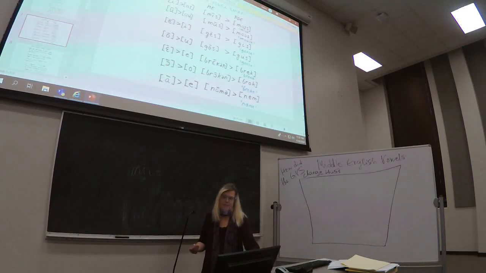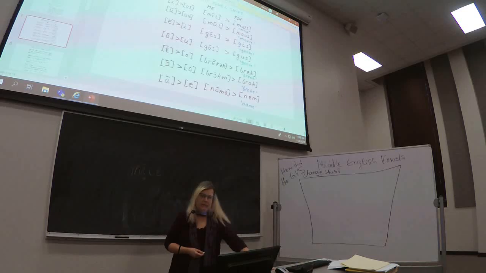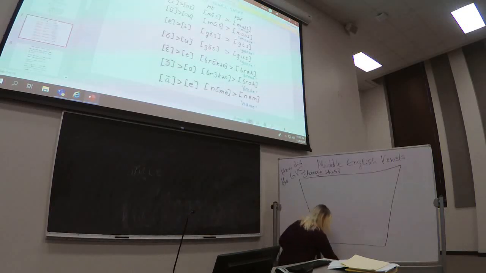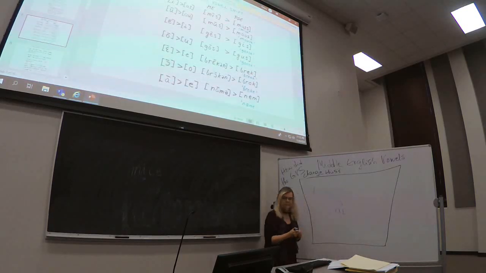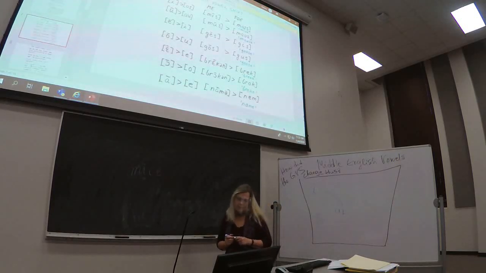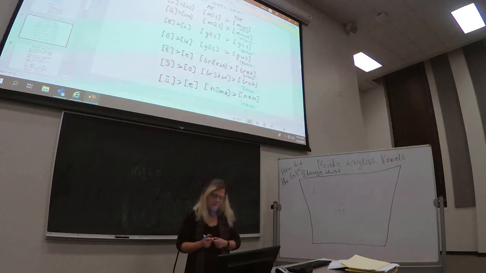Meese, we say it mice today. So what happened was the long E became I in the great vowel shift. E became I, meese became mice, lees became lice.